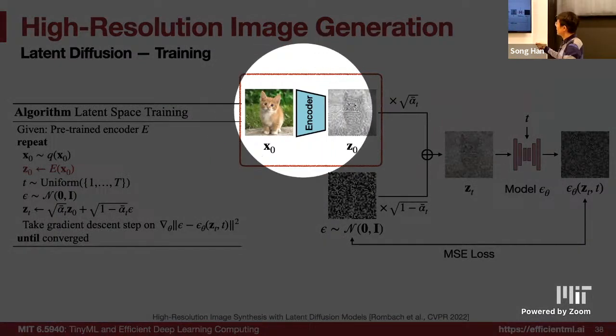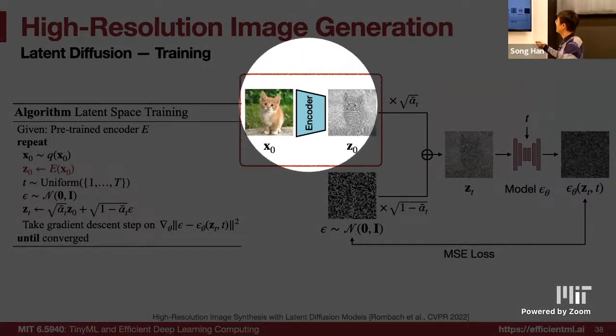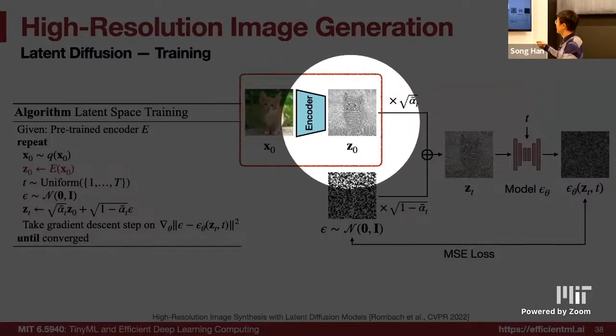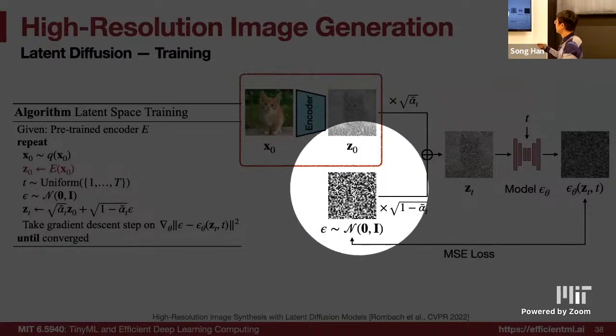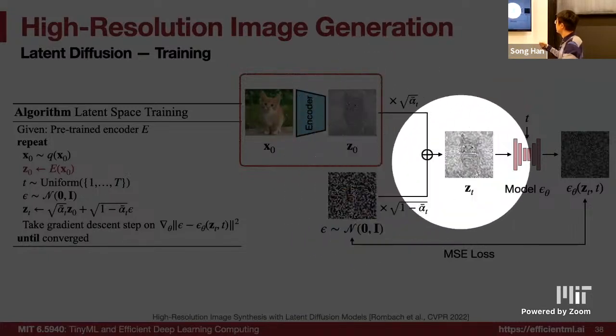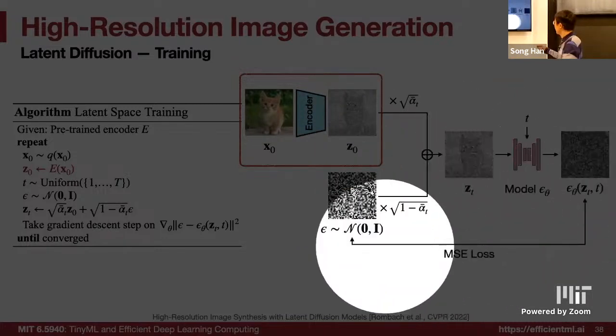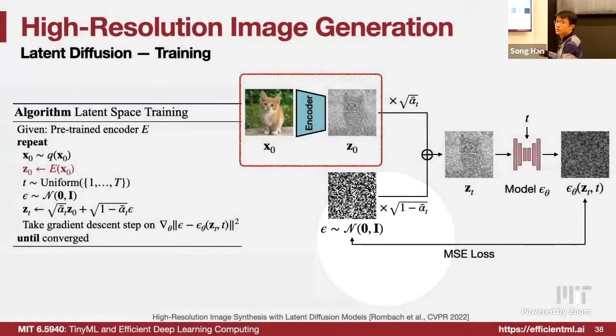The difference is that the image is fed to an encoder, and we feed the encoder's result as the Z. So we first added the noise in the latent space. This is the sum, pass it through the model and predict the noise and try to match the noise. So the learning target is exactly the same.